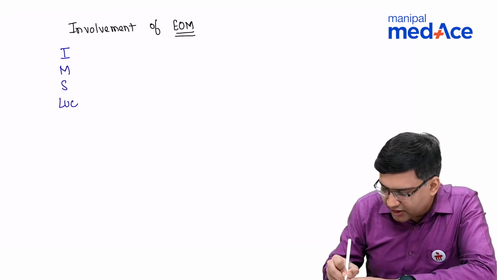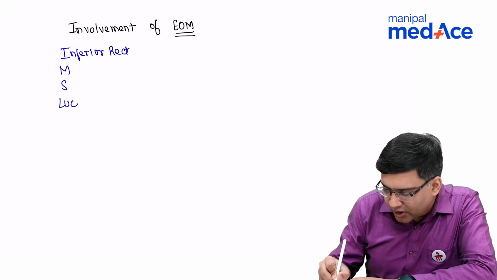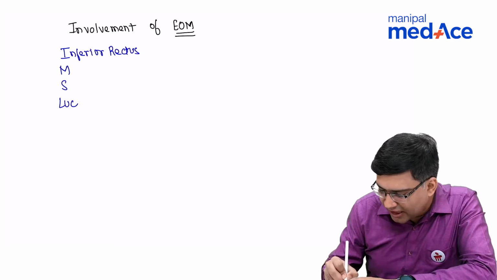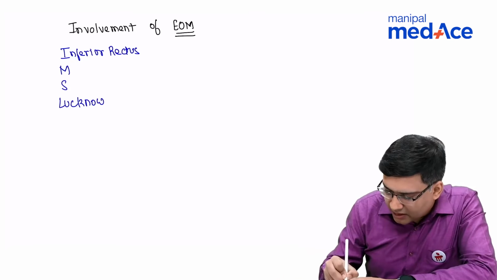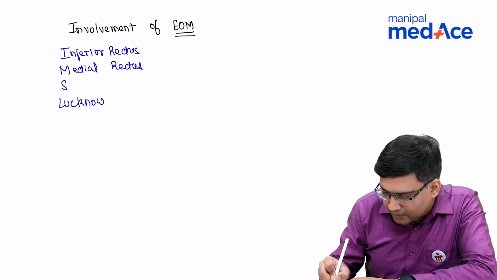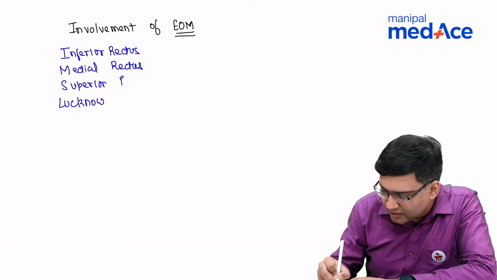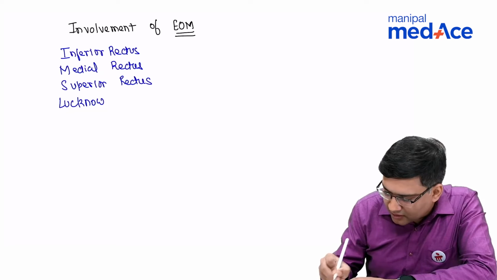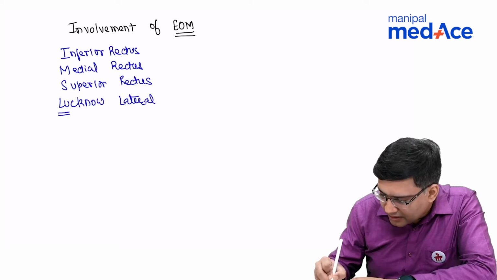So you can just remember that these muscles get involved in a fashion in which the first muscle to be involved is inferior rectus, and you can remember it with the mnemonic IMS Lucknow, followed by medial rectus, superior rectus, and L goes with the lateral rectus.